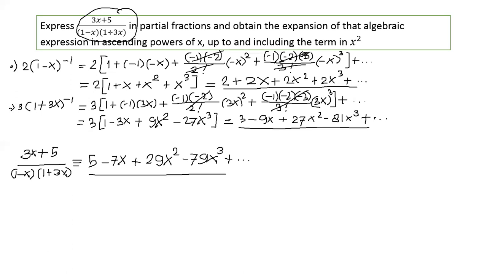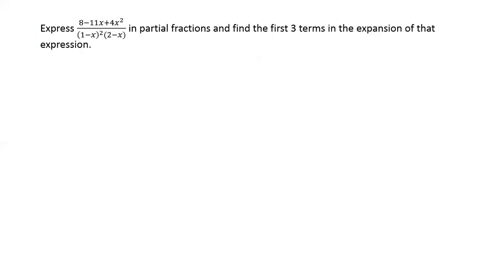Okay, let's continue. Express 8 minus 11x plus 4x squared over 1 minus x squared times 2 minus x. We're going to find the partial fraction first, and then the first 3 terms.